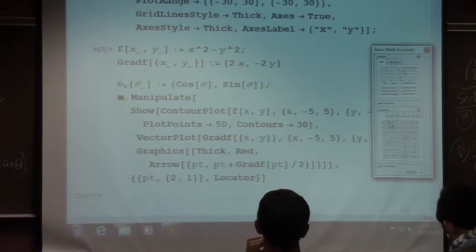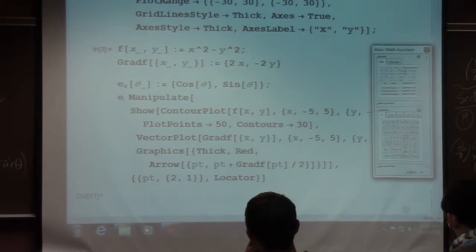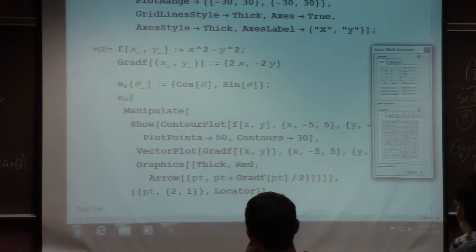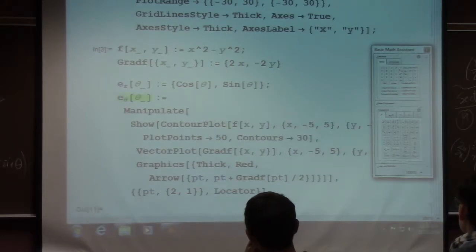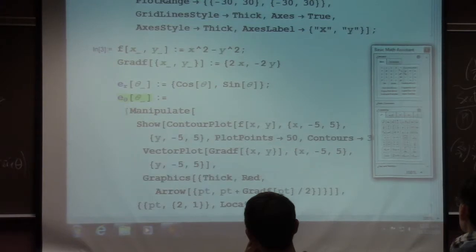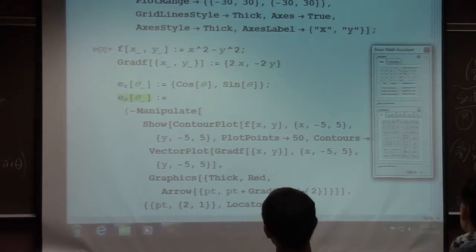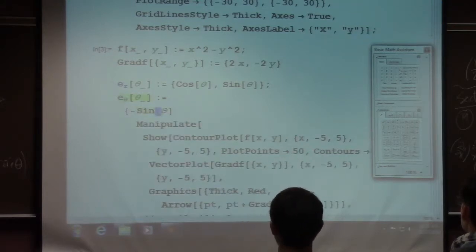And then the other one, E sub theta. These subscripts are not going to be variables, they're just labels here. I didn't have to make subscripts, and maybe that would have been less confusing than what I usually do. But I've started to type it now, and so I guess I'll keep it that way. This one's negative sine theta, comma cos theta.